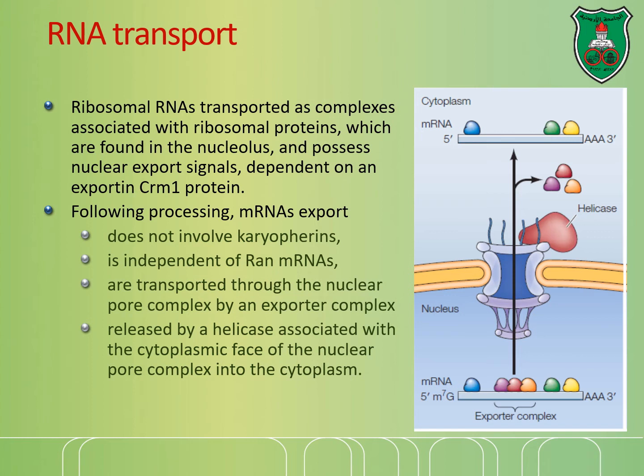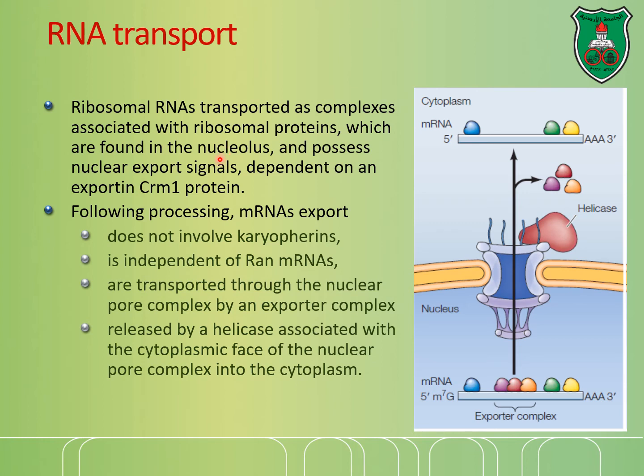How about RNA? Well, there are different types of RNA molecules, right? We have the mRNA, the rRNA, tRNA, and we have many other non-coding RNA molecules, and they are exported by a different mechanism. So for example, ribosomal RNA molecules are exported in association with ribosomal proteins that are found in the nucleolus.